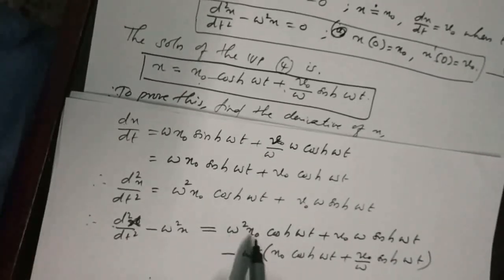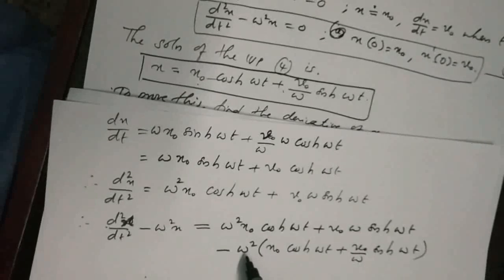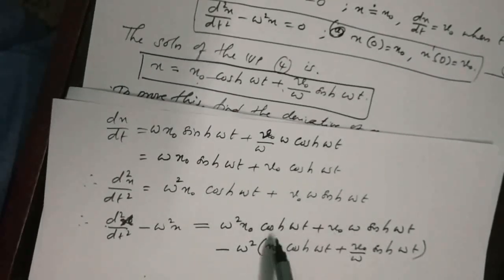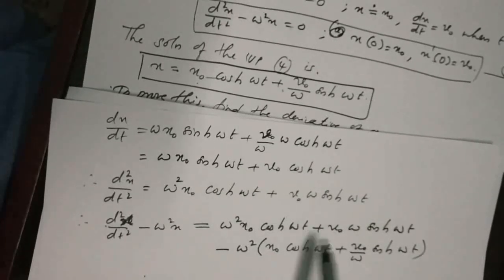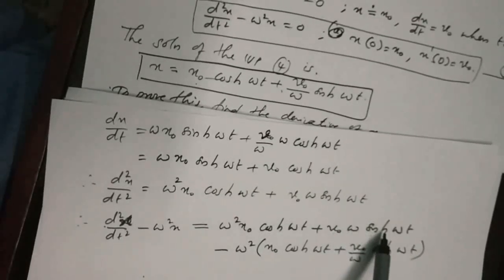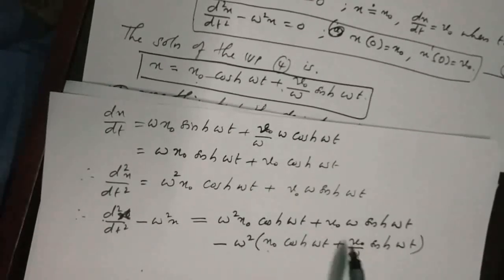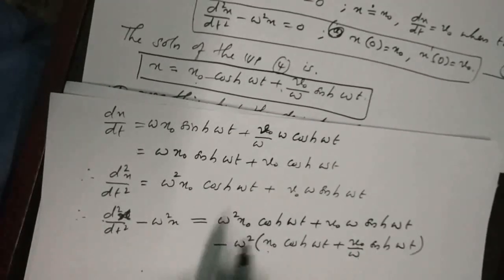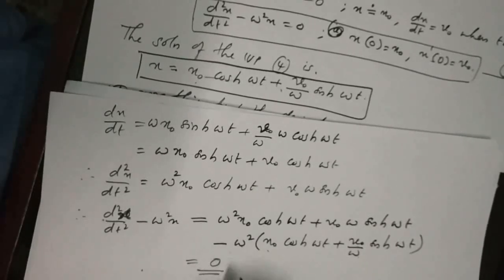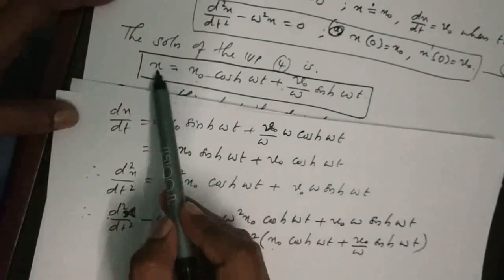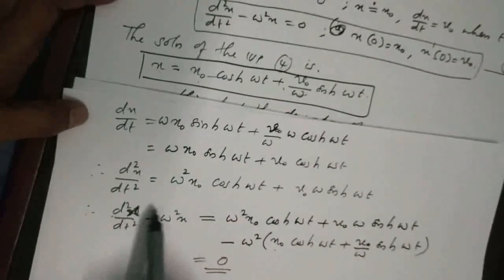The omega square x naught into cosh omega t here is minus omega square x naught cosh omega t, so this is cancelled. This is negative of this. So v naught into omega sinh omega t here is negative of that, and omega into v naught into sinh omega t cancels. So this is nothing but equal to 0. So this x is a solution of this.